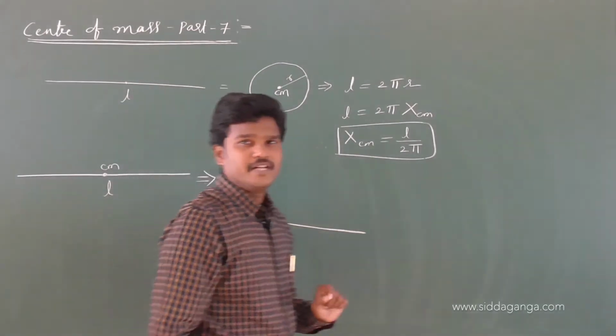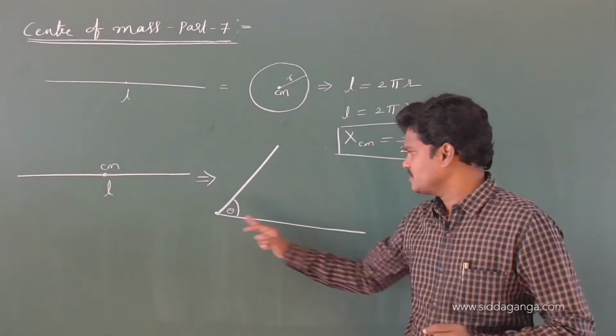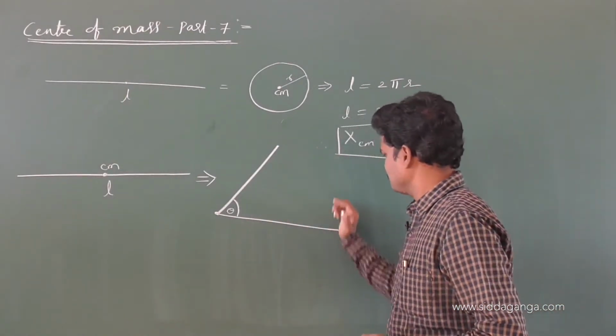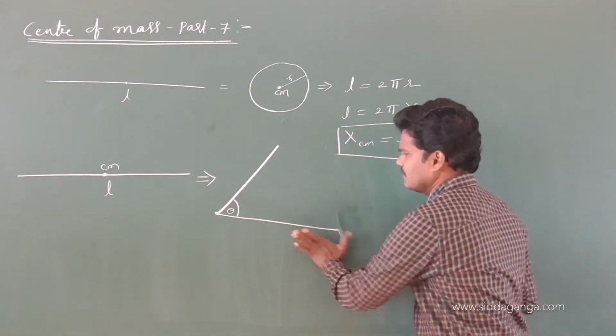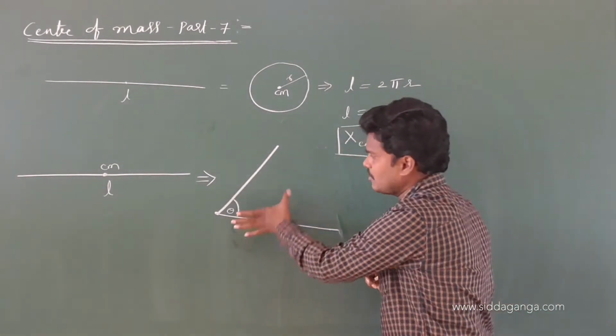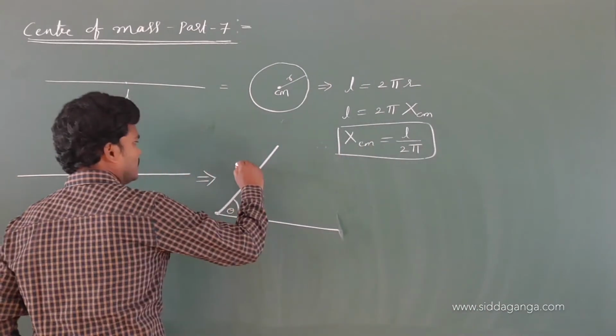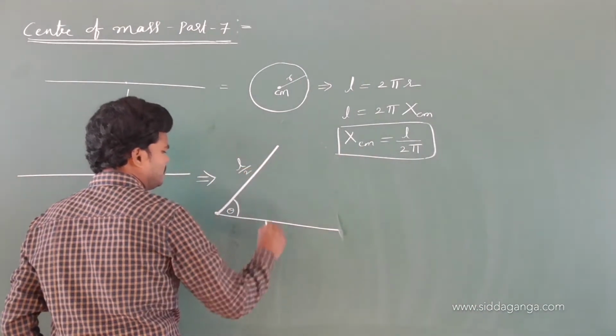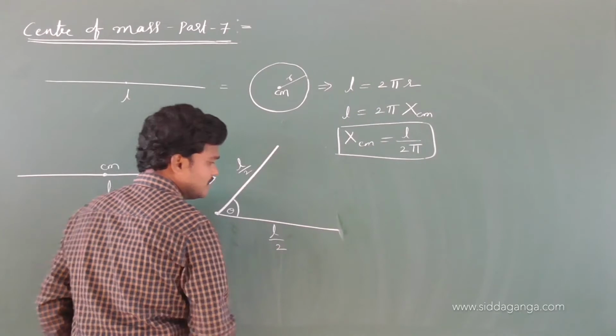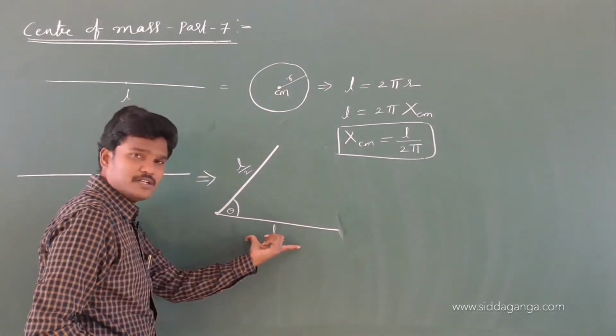If the wire is bent at the midpoint, then how much is this part? This is L by 2. How much is this one? L by 2. Now where is the center of mass of this part?